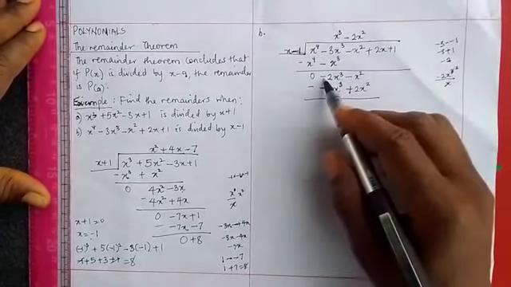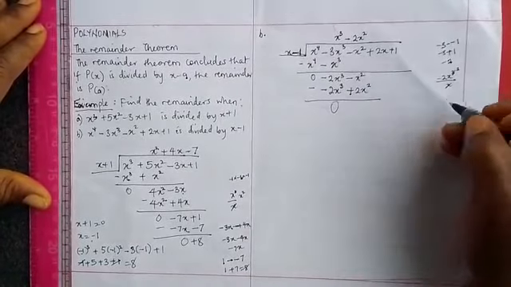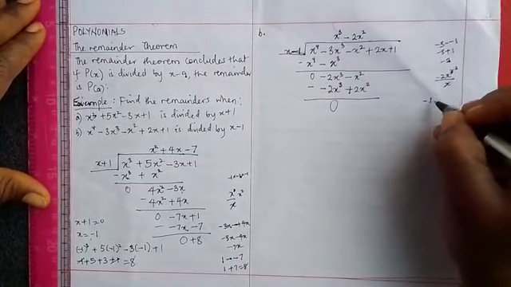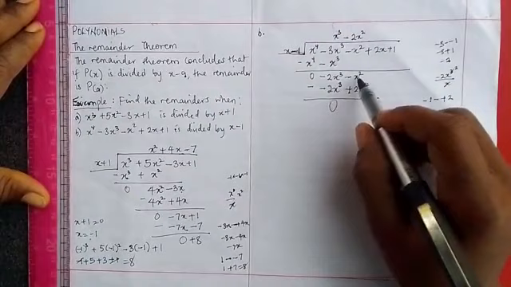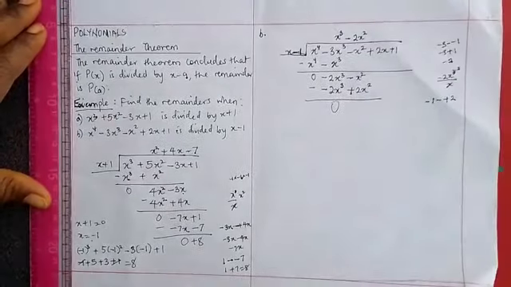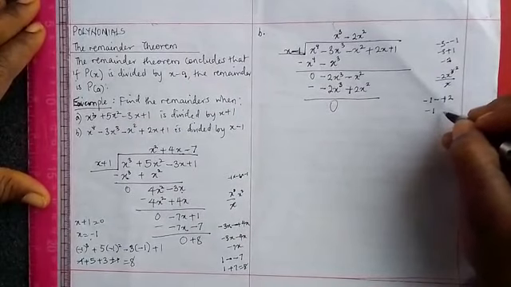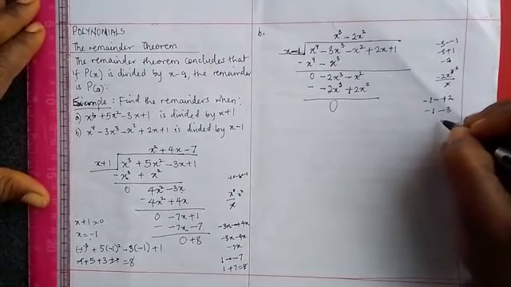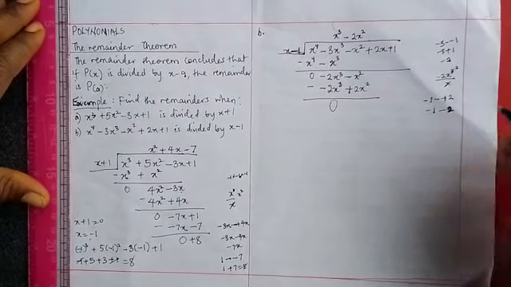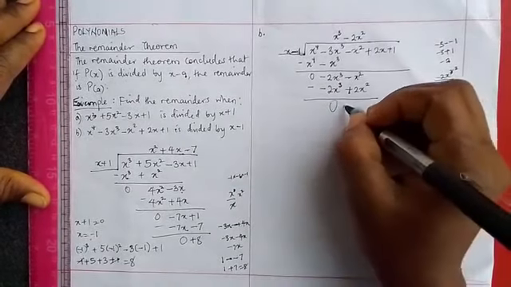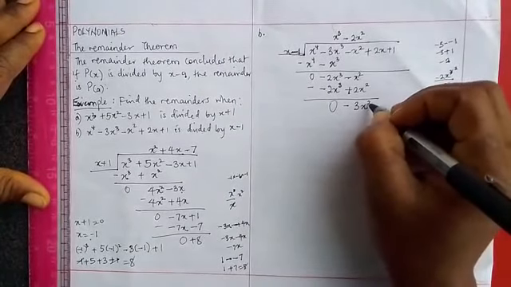Subtract again. Minus 2x cubed minus that is 0. Then we have minus 1 minus plus 2. So minus 1 minus times plus is minus 3. So we have minus 2. So minus 1 minus 2 will give us minus 3x squared.